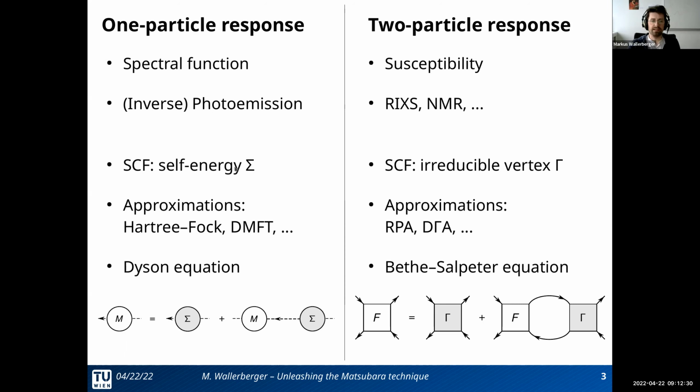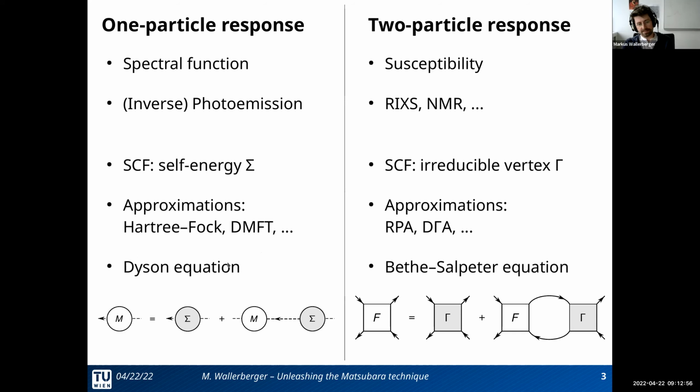And that's usually the level where at the 1-particle level, we will make approximations. Maybe the most well-known self-consistent field approximation is Hartree-Fock, where we approximate that self-energy by the Hartree and Fock diagrams. There are others like DMFT, where we say this self-energy is local. And then there are a bunch of other things where we can make extensions to that.